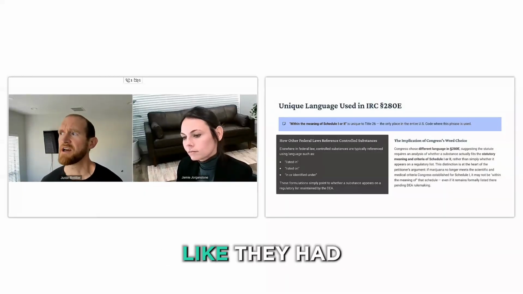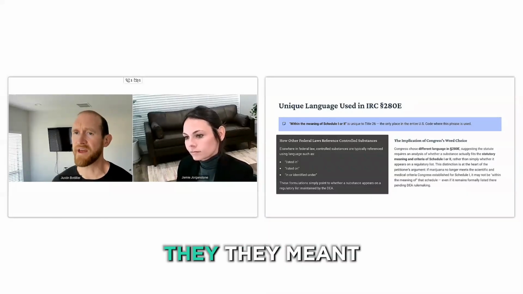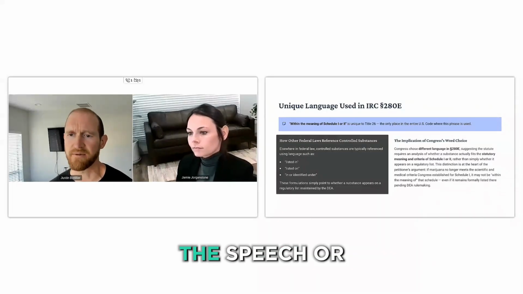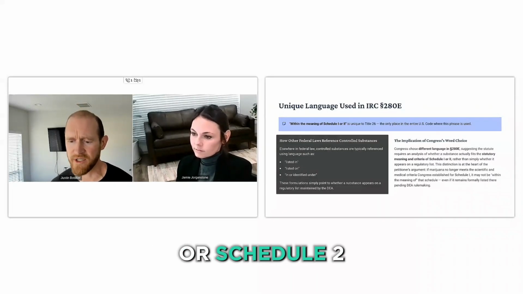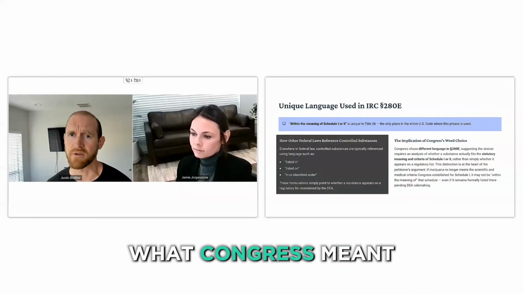It was almost like they said, well, they meant classified as, because it's just part of the speech to be able to include things under Schedule 1 or Schedule 2 substance. That was one of their big arguments, that that's what Congress meant.